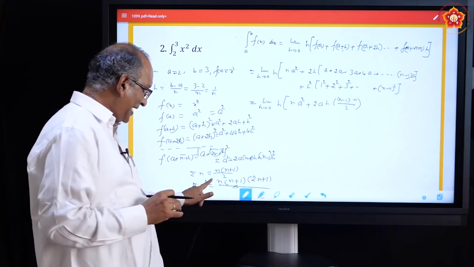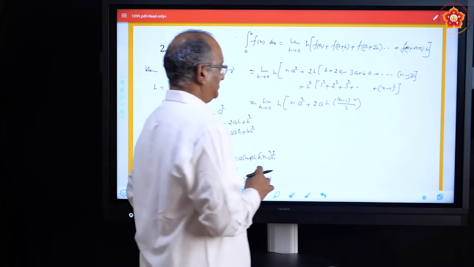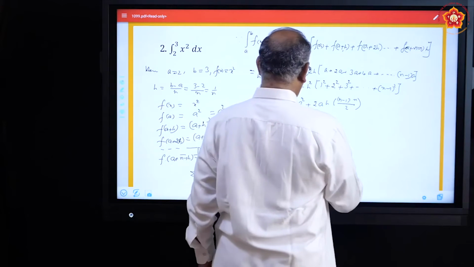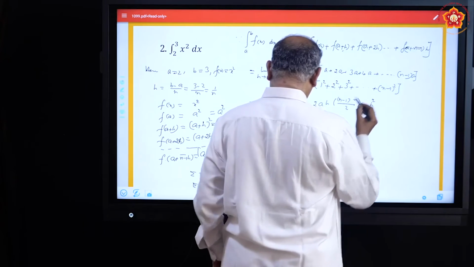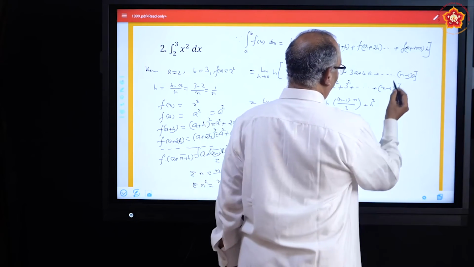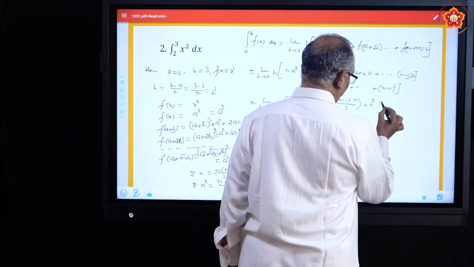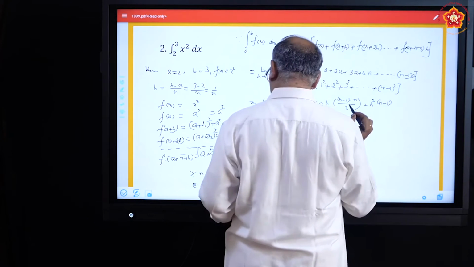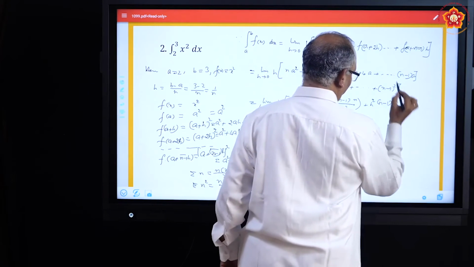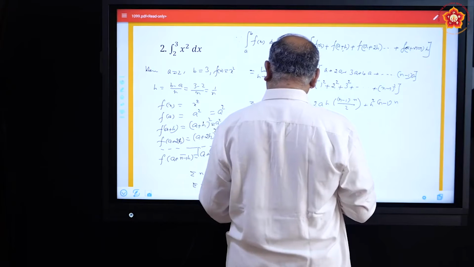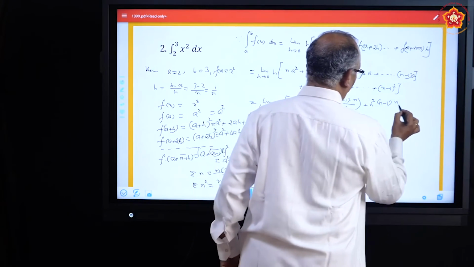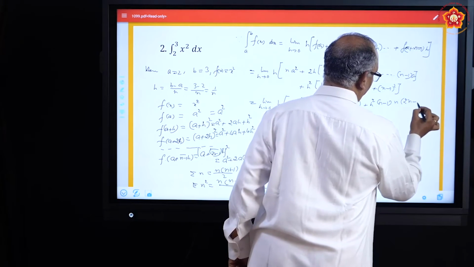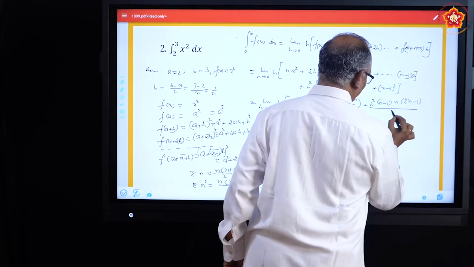So everywhere where n is there, replace with n minus 1. So n plus 1 will become n. Here 2n plus 1 is replaced by 2 into n minus 1 plus 1, so it will become 2n minus 2 plus 1, which is 2n minus 1 by 6.